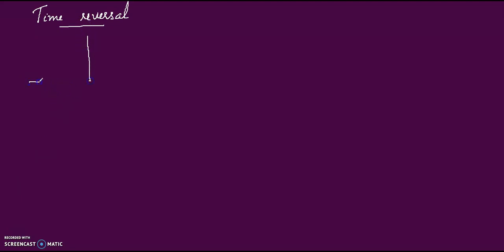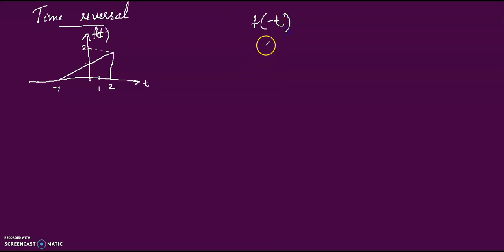If we have a signal like this, f of t, with points -1, 1, 2, and let the amplitude be 2. Then if we want to represent f of minus t, we are going to reverse the time axis.